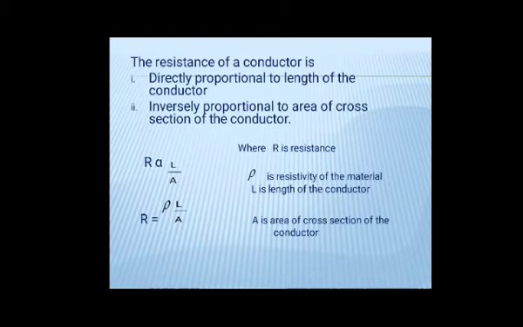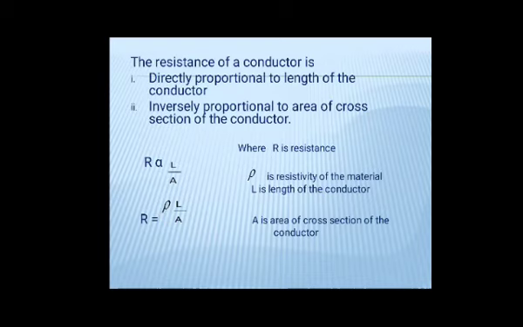If L is length of the conductor, and A is area of cross section, then R is directly proportional to L and inversely proportional to A, so R proportional to L divided by A. Here, if you remove the proportionality sign, you have to write a constant, and that constant is represented as rho. This rho is resistivity of the material. Here we got the most important relation, that is R is equal to rho L divided by A.